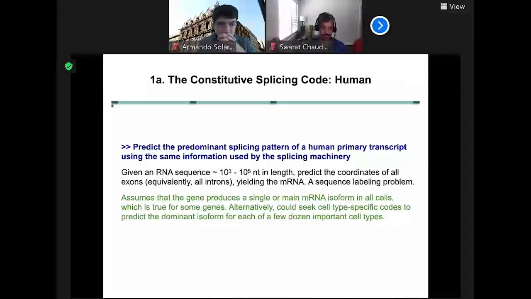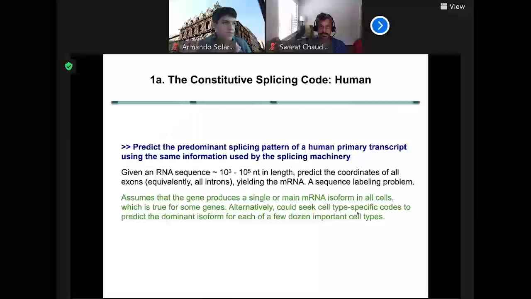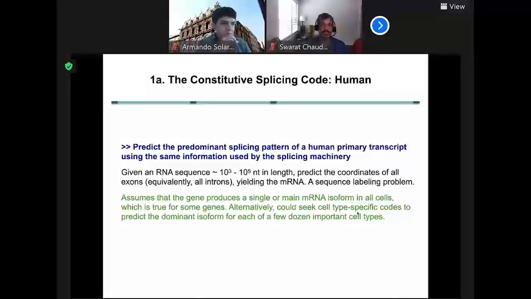The first exon starts at base 1, but where does it end? Where does the second exon begin and end, and so forth? It has to be to nucleotide precision, because being off by even a single base will throw off the reading frame and potentially produce the wrong proteins. Of course, this assumes that the gene produces a single or predominant mRNA isoform in all cells, which is true for some genes.